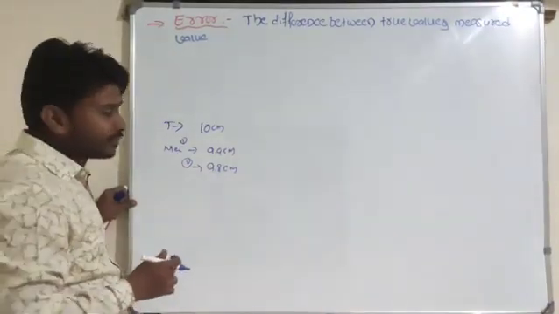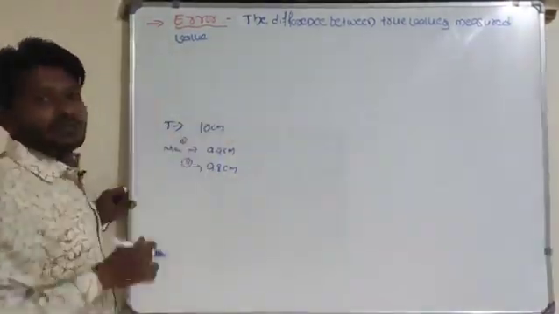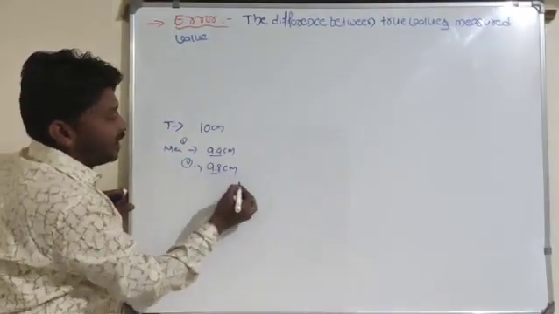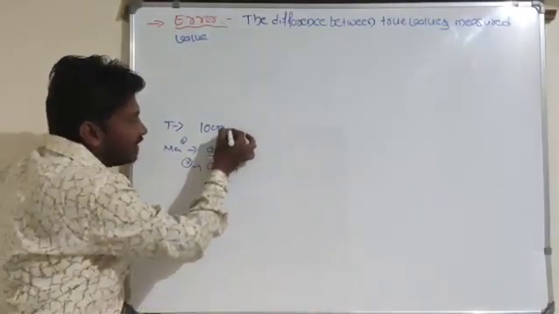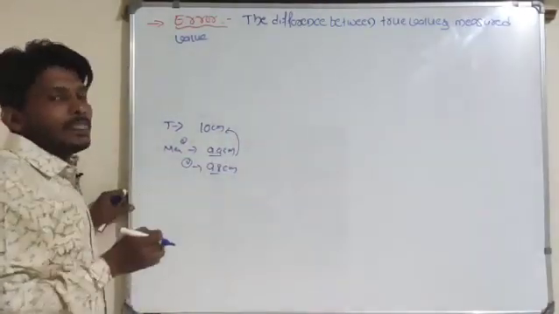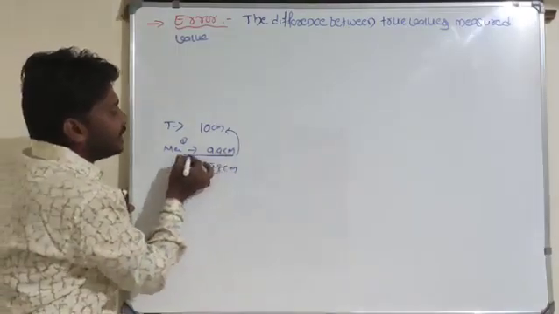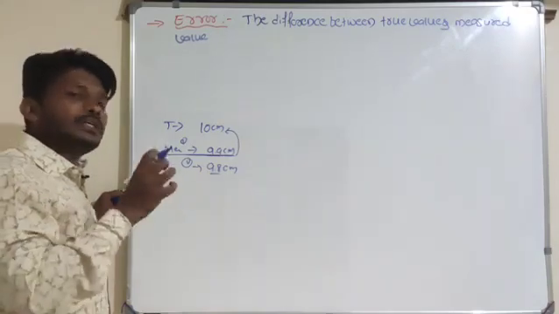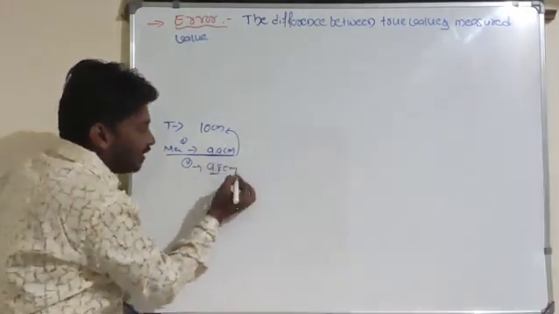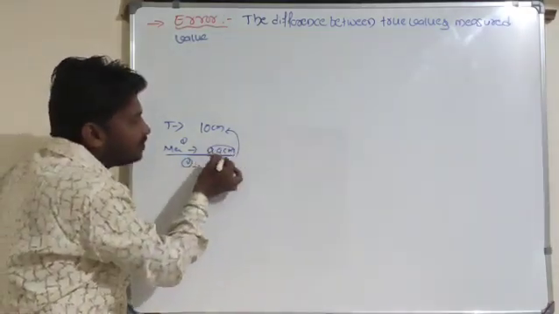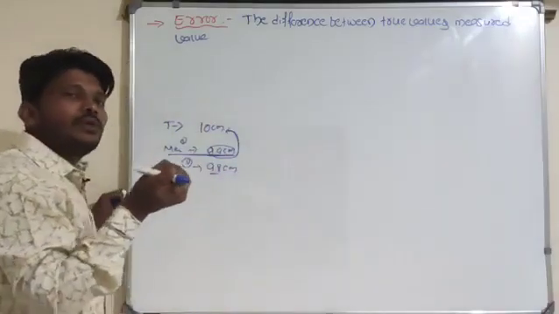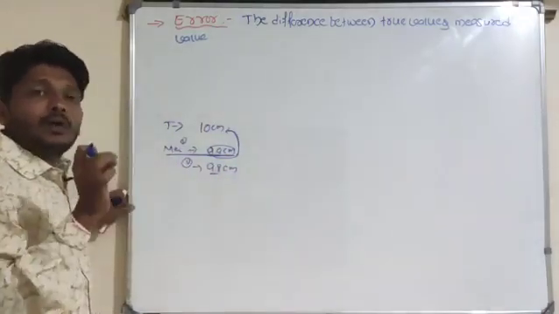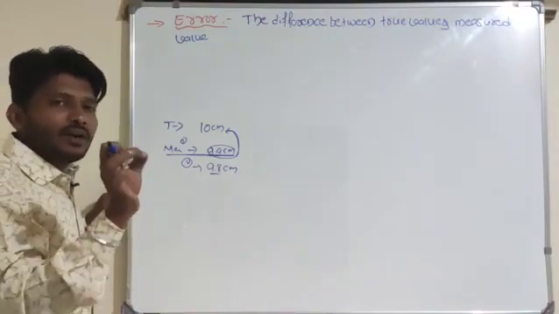Which one is closer to the true value, 9.9 or 9.8? 9.9 is closer to the true value. This phenomenon I call accuracy. Which is more accurate here? 9.9 is more accurate. What is the meaning of accuracy? Closeness to the true value.